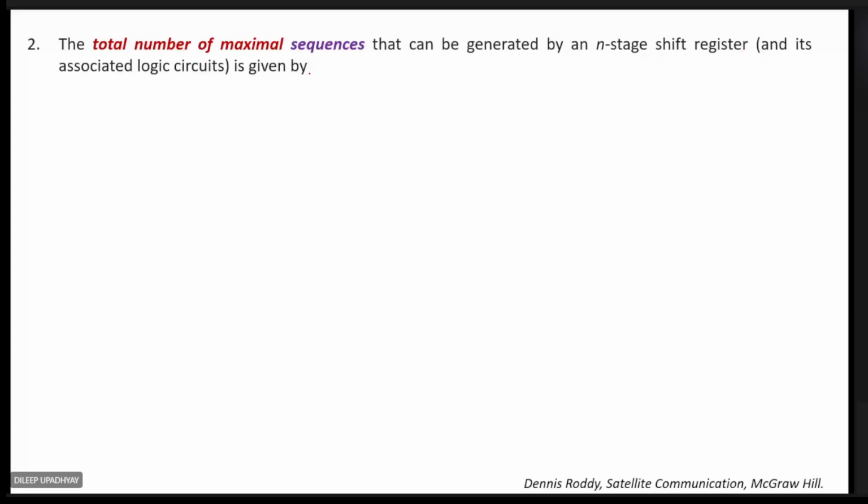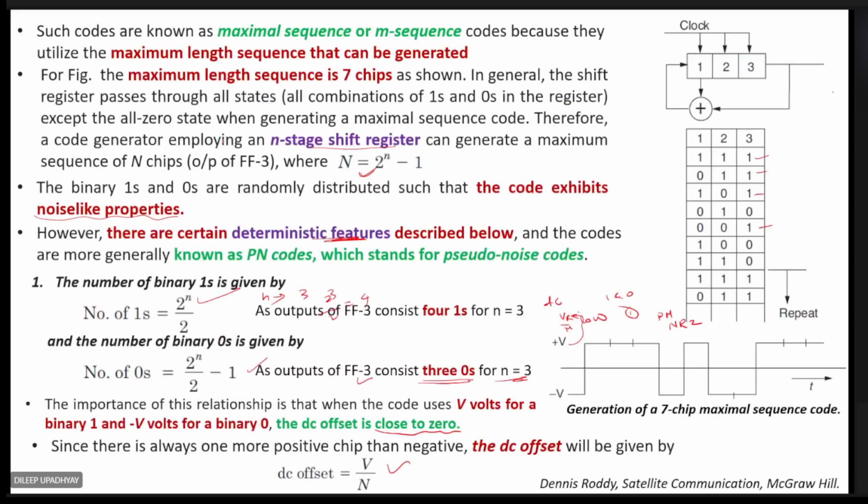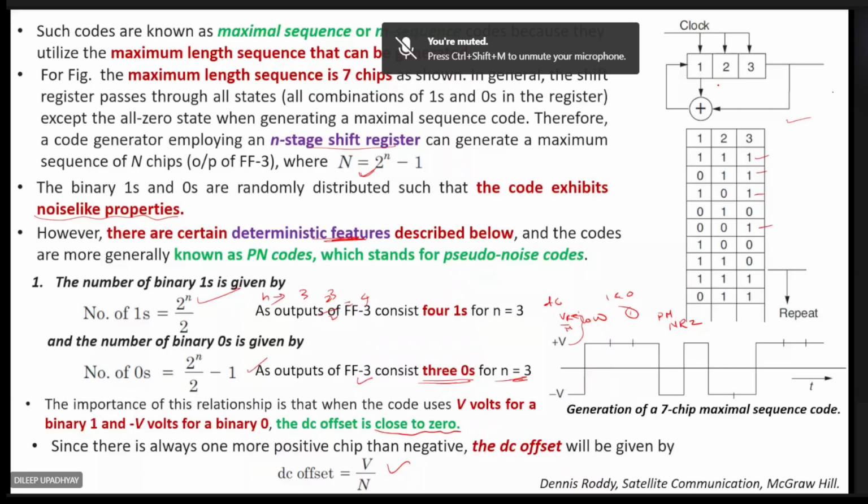Suppose you are using 3 shift registers. Then you can use one configuration, and another configuration you can use is the mirror image, that is the mirror code, where the input of this XOR is taken from the other tap. It means that in this arrangement with 3 flip-flops, two maximal sequences are possible.